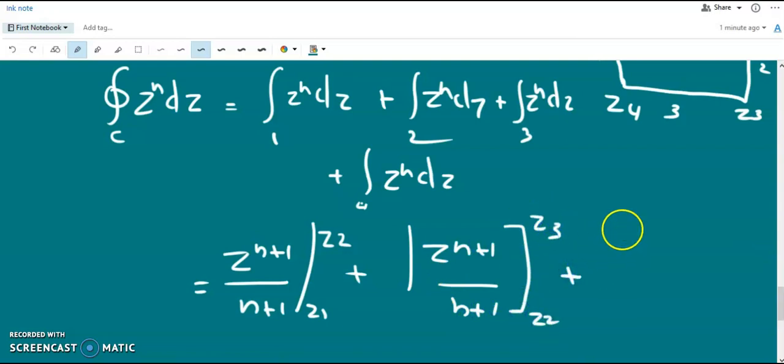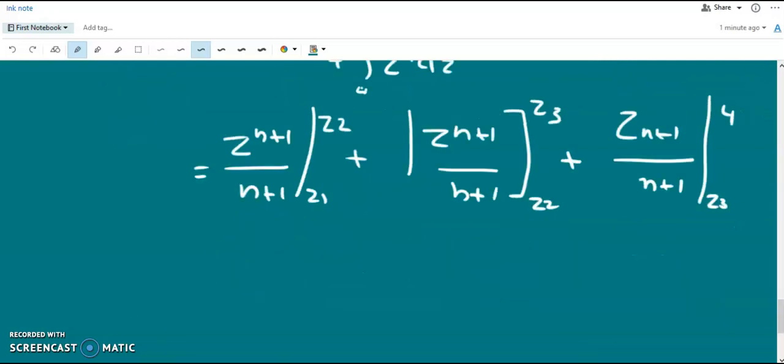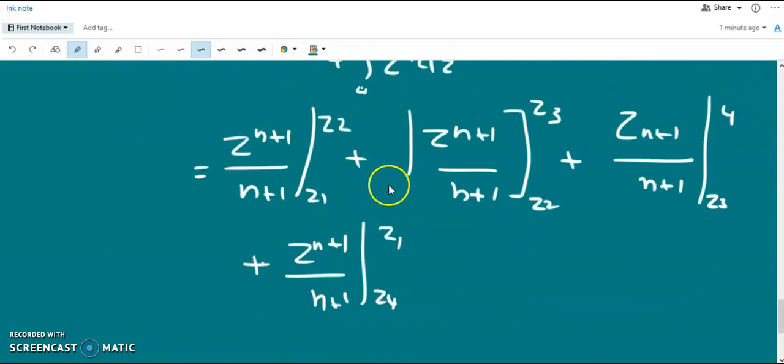And for the third line, the limits are z3 and z4, and for the fourth line the limits are z4 and z1. So please calculate this, please apply the limits, and you can find that the result is 0, because each corner point appears as the upper limit and also as the lower limit. z1 as the lower limit, z1 as the upper limit. Similarly for all other 3 points.